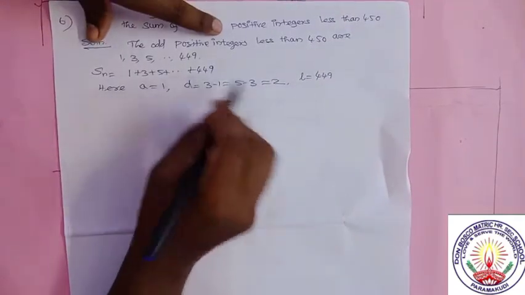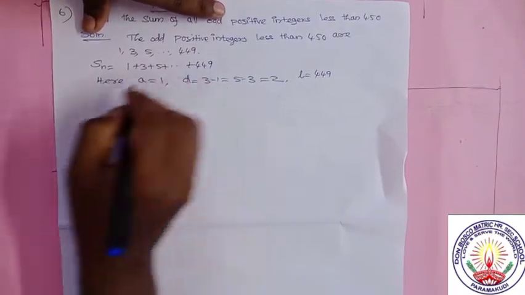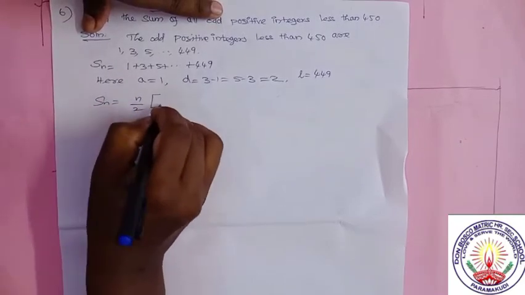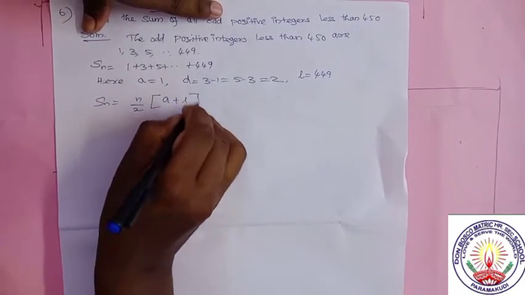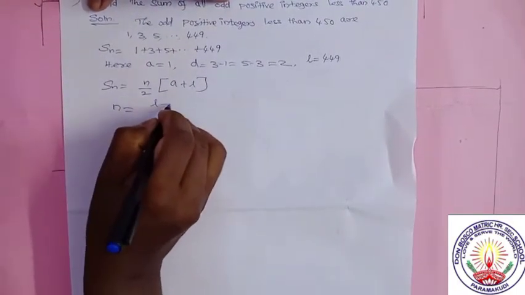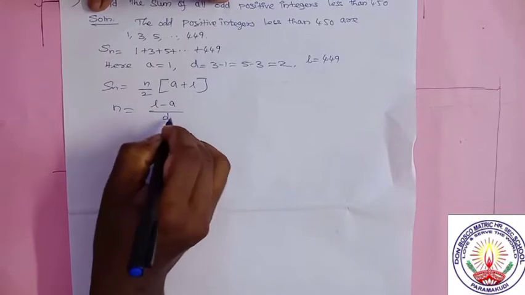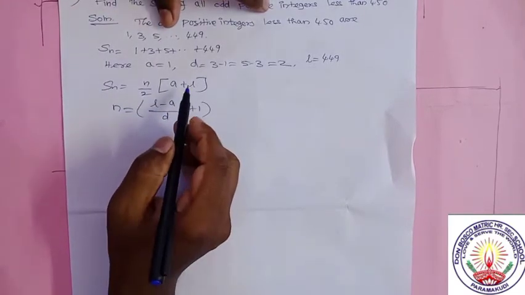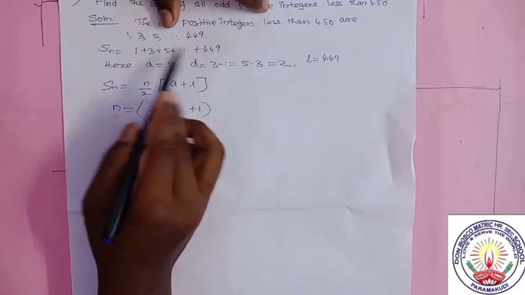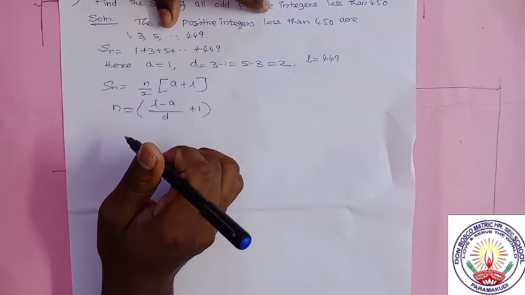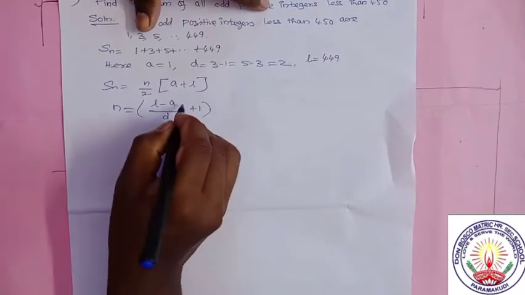When the first term and the last term are given, the formula is Sn is equal to n by 2 into A plus L. To find n, n is equal to L minus A by D plus 1. Or simply, add the first term and last term and divide by 2; that will be the number of odd terms.